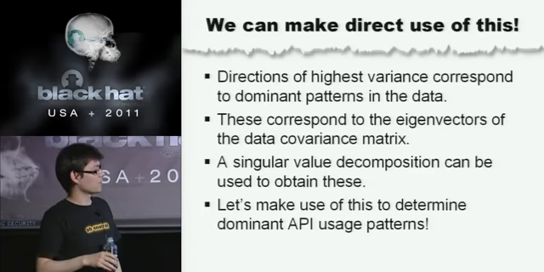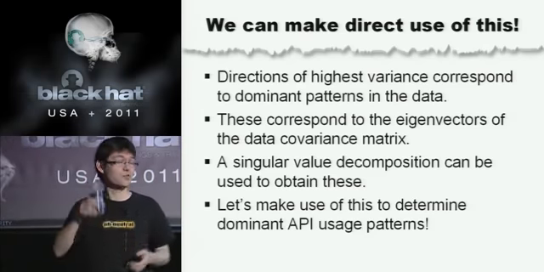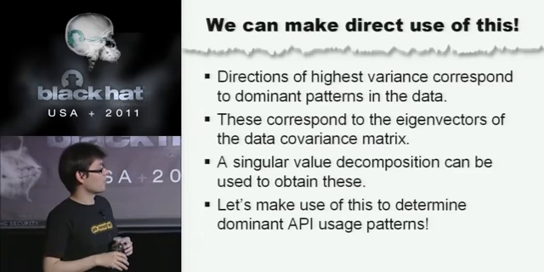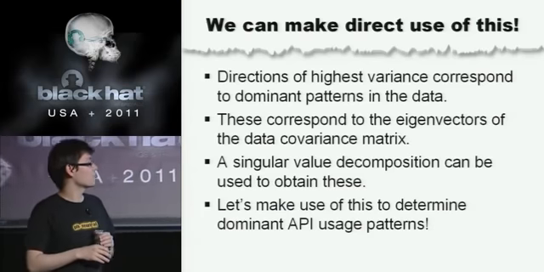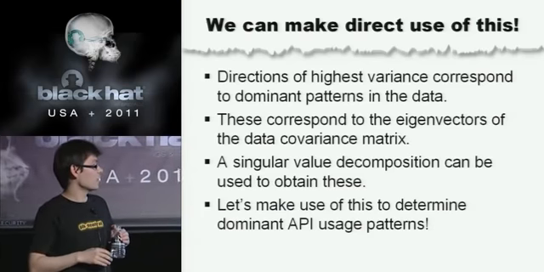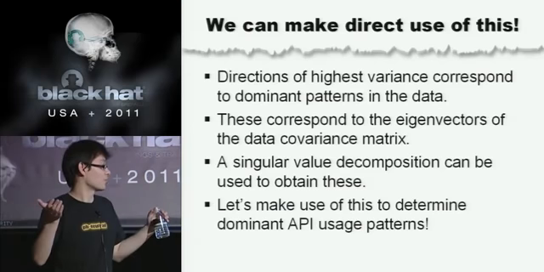You can look all these things up in my paper, but it's really not that important, as long as you get the intuition of directions of highest variance. And to get these eigenvectors of the covariance matrix, you can do a truncated singular value decomposition, and you have very fast algorithms to do this for you, and you don't have to implement this yourself.